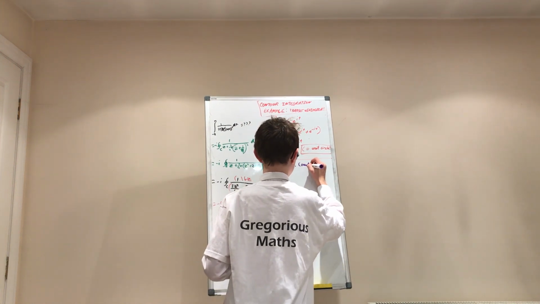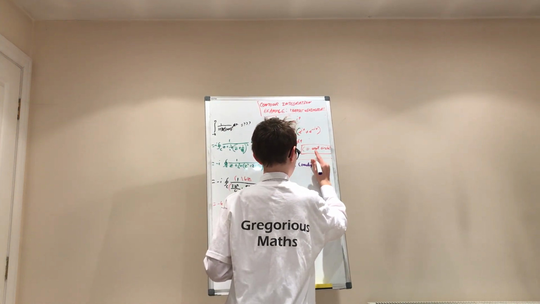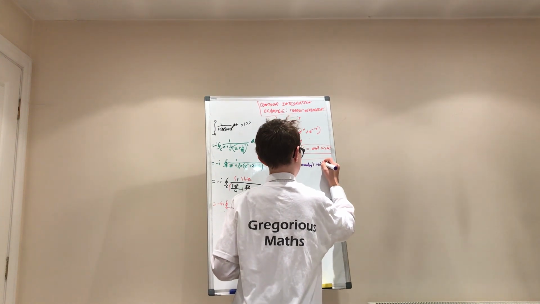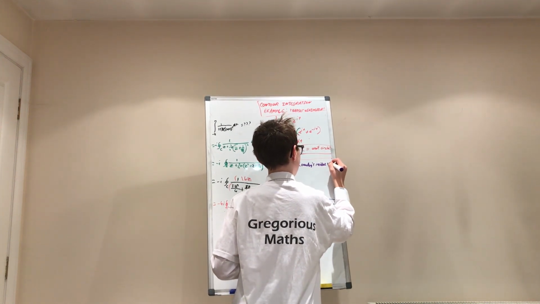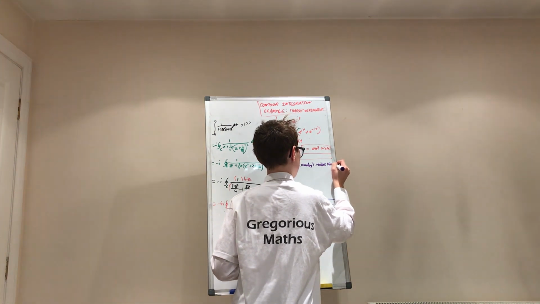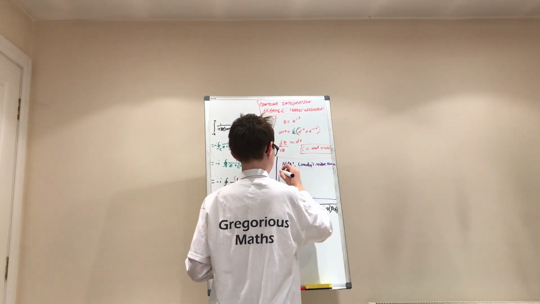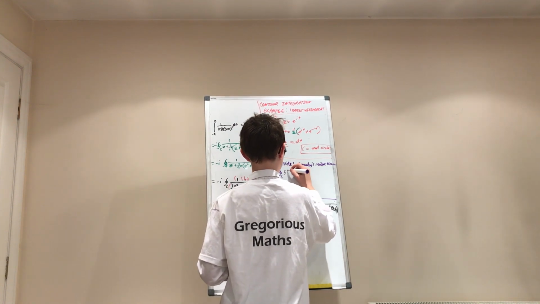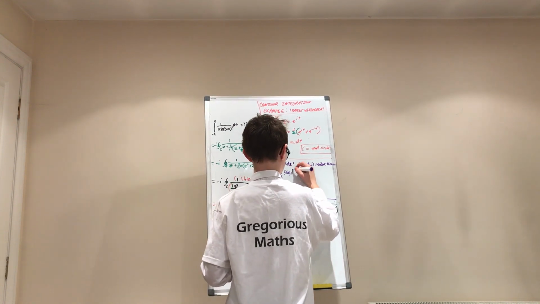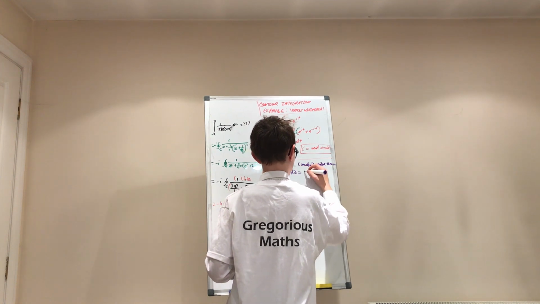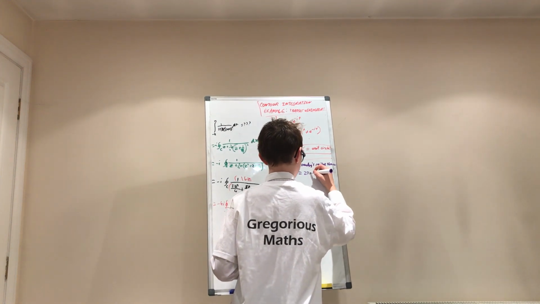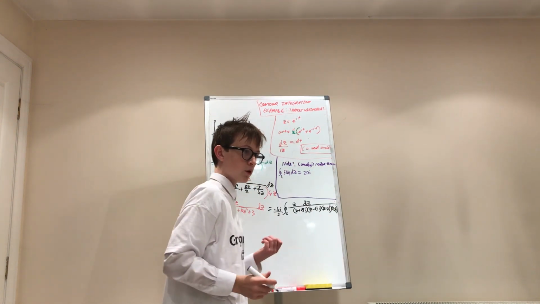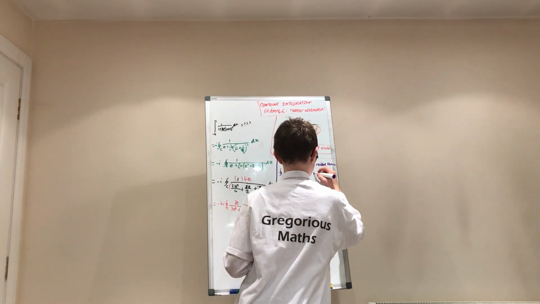Cauchy's residue theorem states that the contour integral of f of z dz equals 2 pi i times the sum of all the residues.